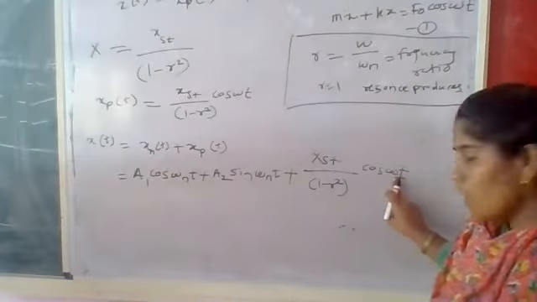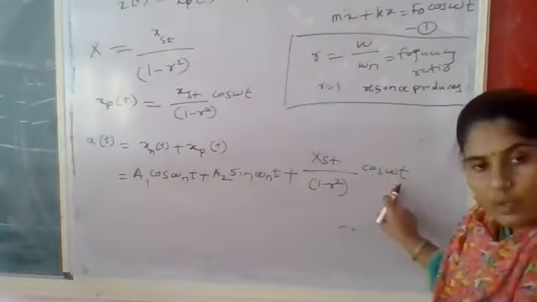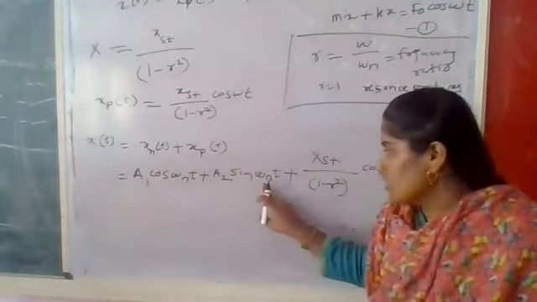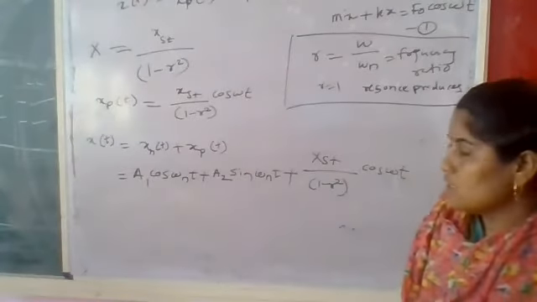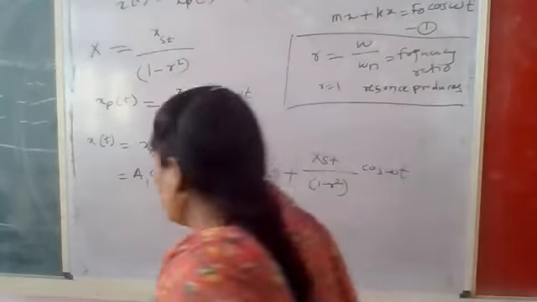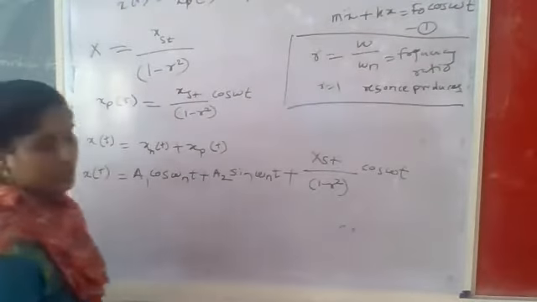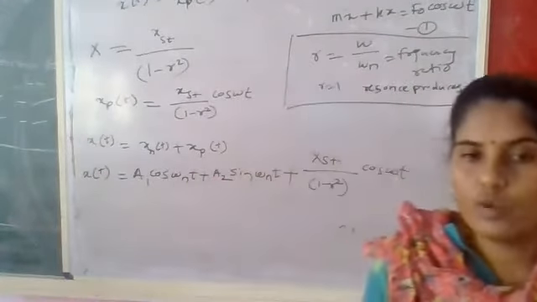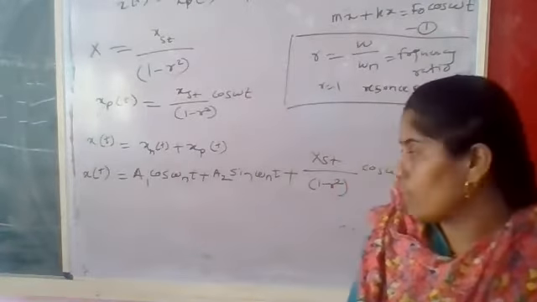Here omega is the forced frequency, that is for the particular integral with respect to forced frequency, and the other is for the steady state with the natural frequency. Based on this, if we put the boundary conditions, we get the values of the constants, and that will be our equation of motion for the undamped forced vibration.